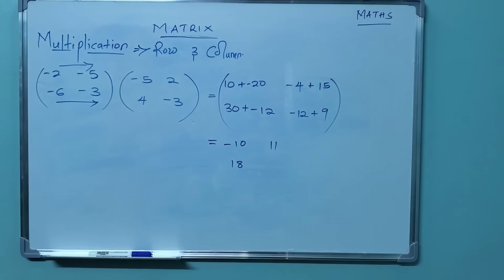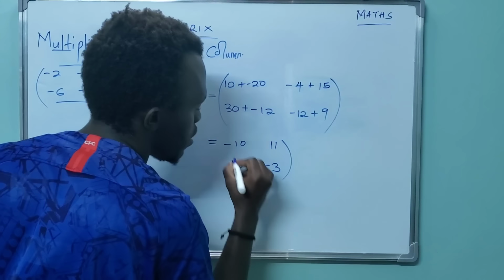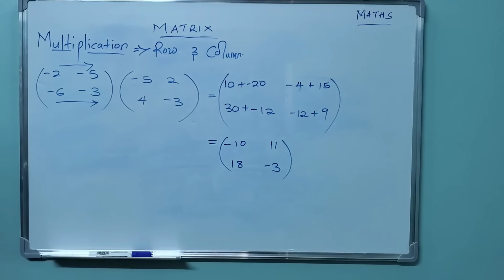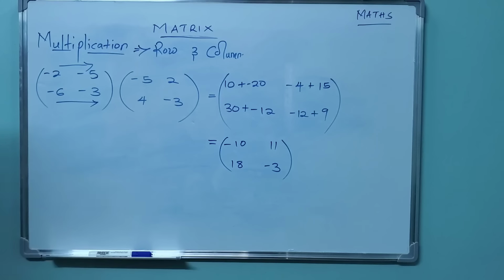Then -12 plus 9, we are going to have there -3. And our multiplication of the -2, -5, -6, -3 matrix and the -5, 2, 4, -3 matrix, we are going to have our final answer as -10, 11, 18, -3. So this one is multiplication of a matrix and another matrix.